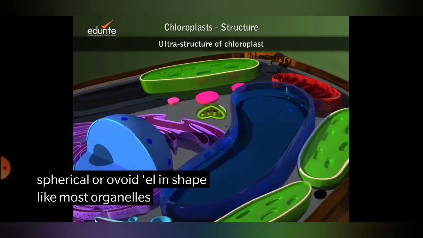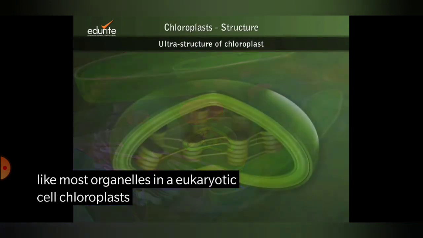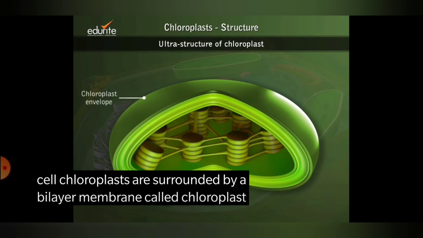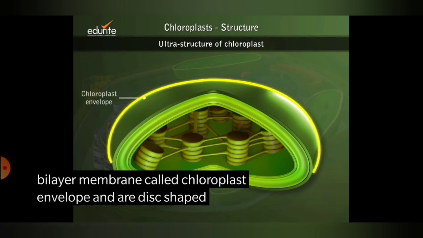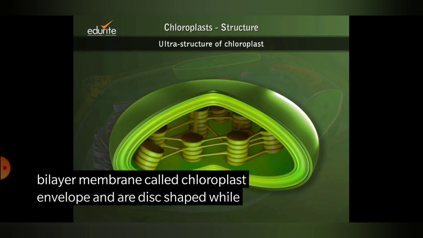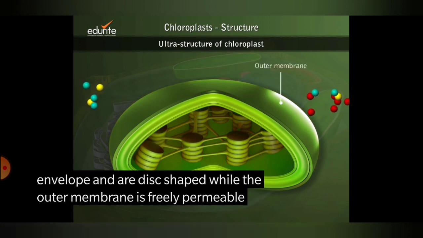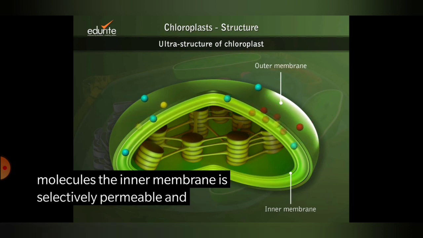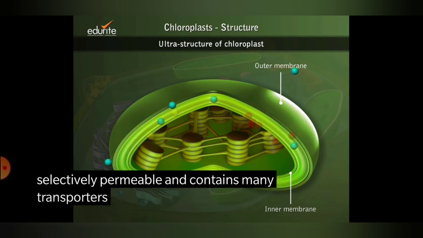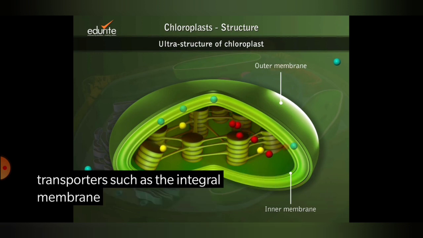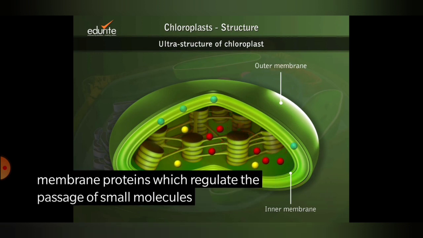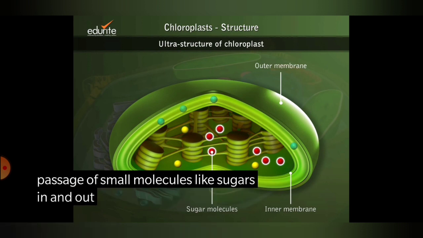Like most organelles in a eukaryotic cell, chloroplasts are surrounded by a bilayered membrane called the chloroplast envelope. While the outer membrane is freely permeable to molecules, the inner membrane is selectively permeable and contains many transporters, such as integral membrane proteins, which regulate the passage of small molecules like sugars in and out of the chloroplast.